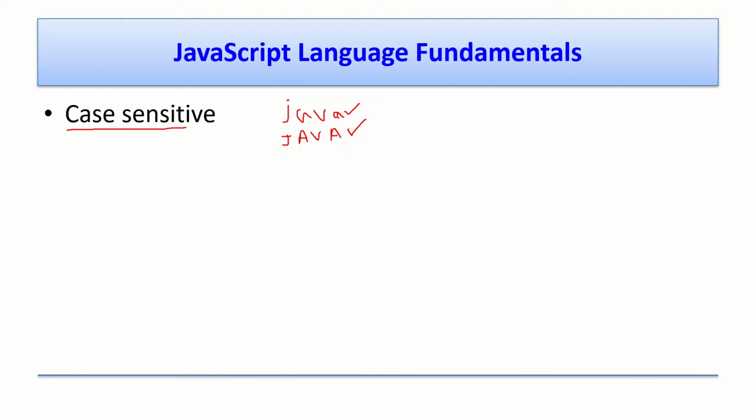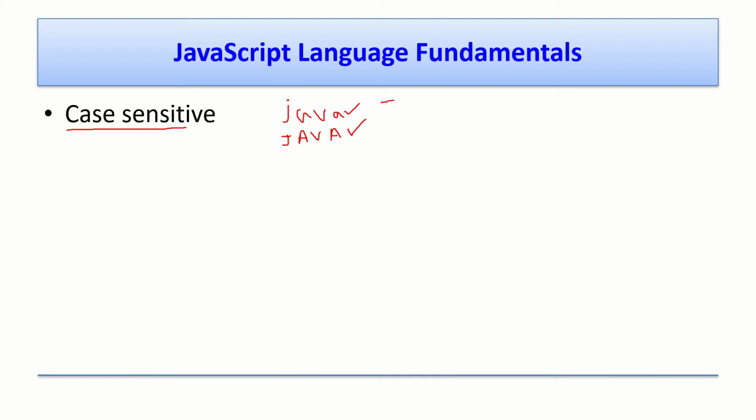Because here I use lowercase letters, and here I use uppercase letters, the simple letters and the capital letters. If it is case sensitive, case is considered. So these two are different because this is lowercase, this is uppercase.